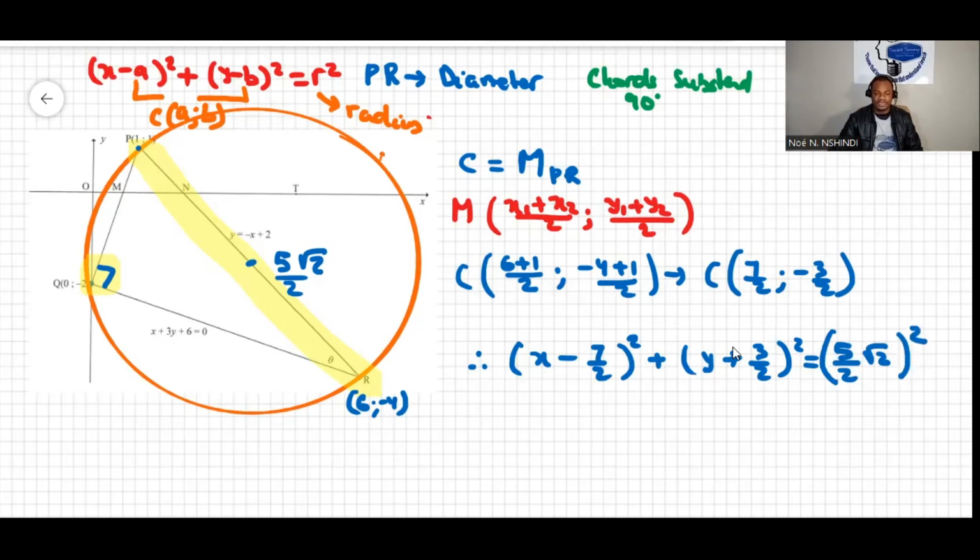So this is (x minus 7 over 2) squared plus (y plus 3 over 2) to the power of 2.